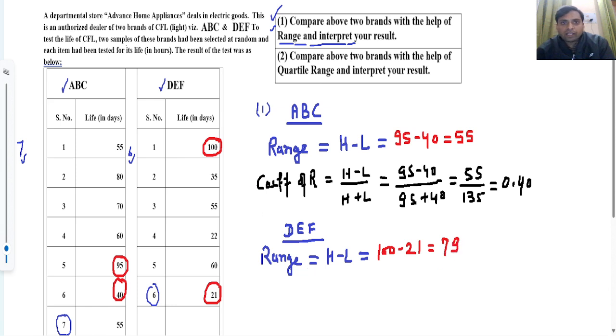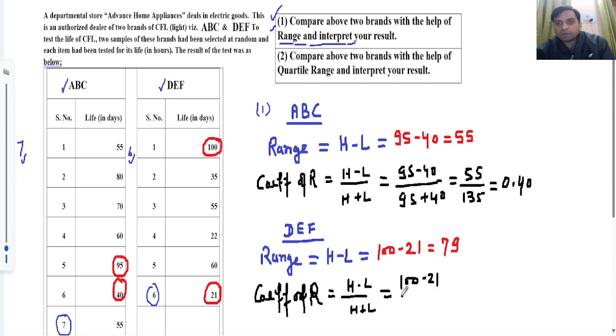And now we need to find coefficient of range. Coefficient of range for this, again highest minus lowest upon highest plus lowest. So this equals 100 minus 21 upon 100 plus 21, which is 79 upon 121.